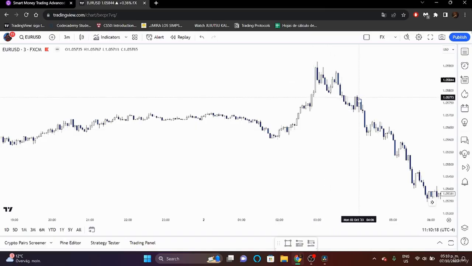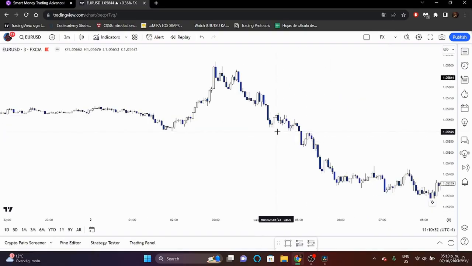Bearish price action. Where is our order block? In this case, it will be here. Never trades there. Never. Then we go lower. Then we go again. Lower. We touch an order block.